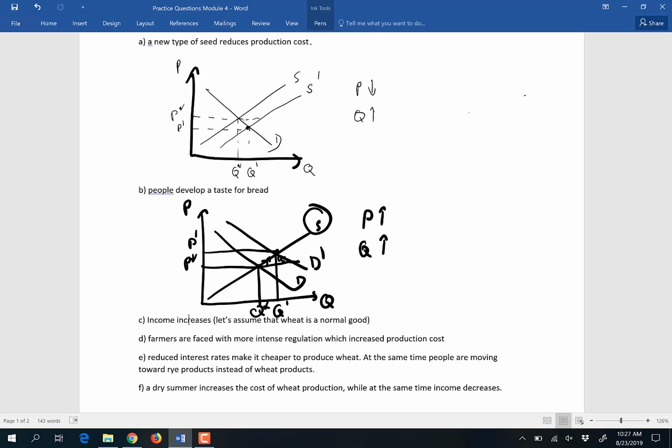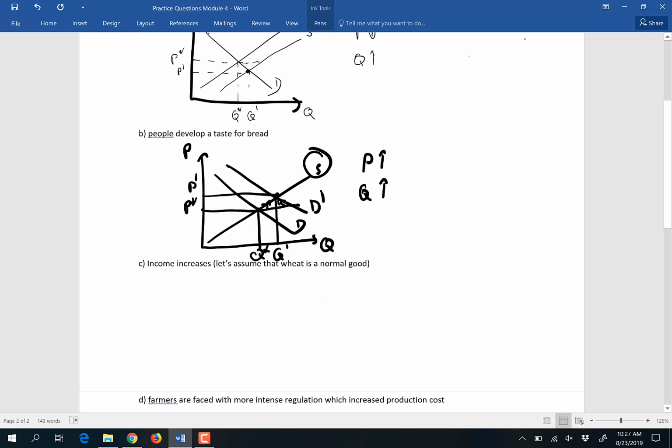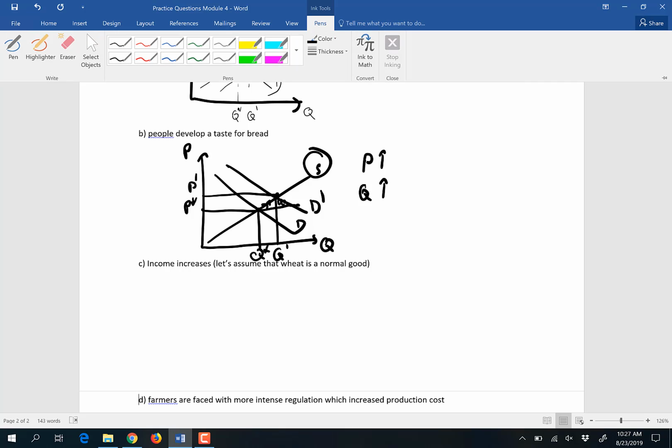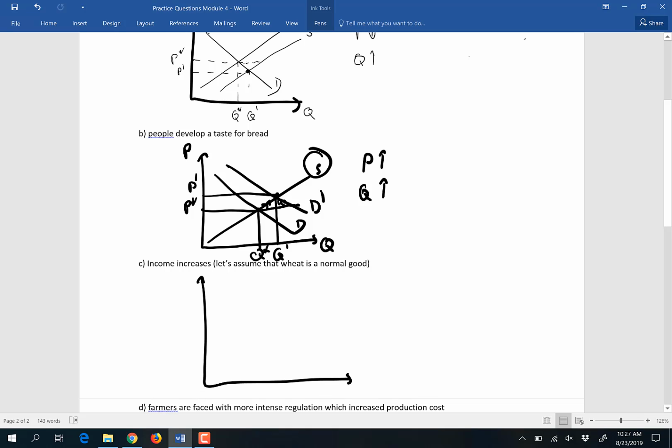What about the income increasing? And here we have to understand something about the good. We have to know whether it's a normal good or an inferior good. In this case, we can assume that wheat is a normal good, in which case an increase in income will increase the demand for wheat.